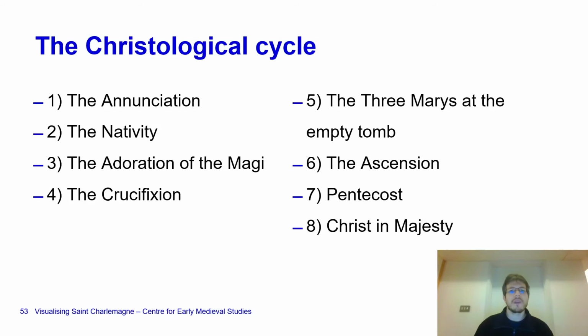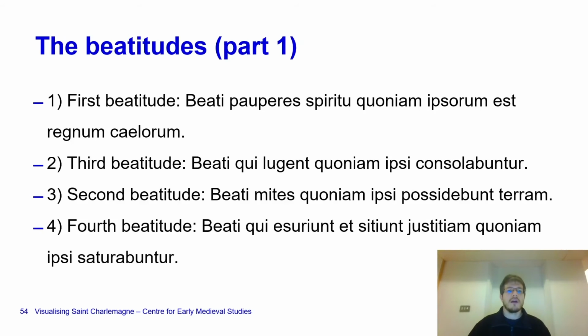Now, the Christological cycle is a curious one. It has eight parts: the Annunciation, the Nativity, the Adoration of the Magi, the Crucifixion, the three Marys at the empty tomb, the Ascension, Pentecost, and Christ in Majesty. The Beatitudes are even stranger. You will immediately see that the third Beatitude comes second, and the second comes third.